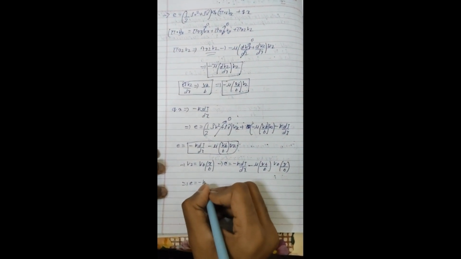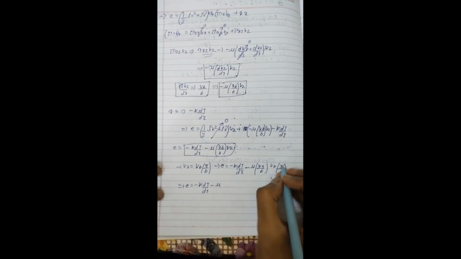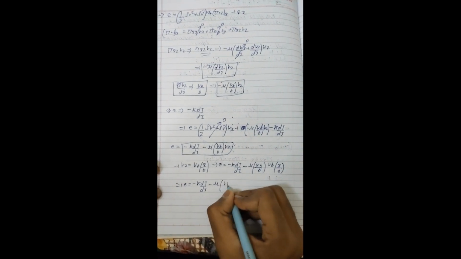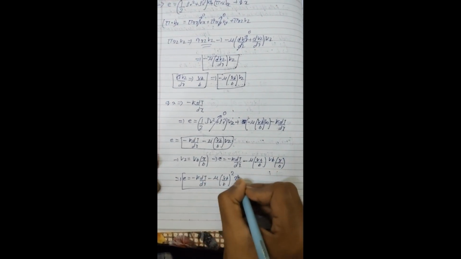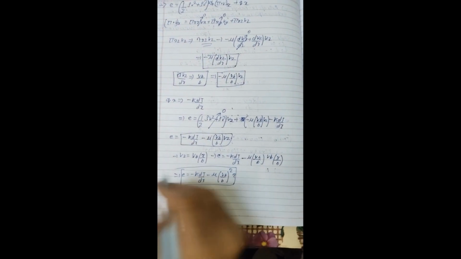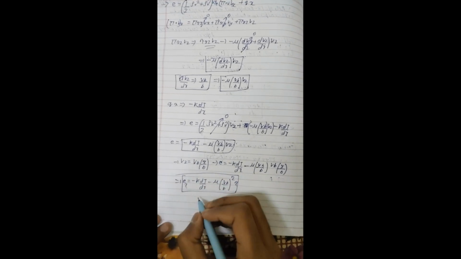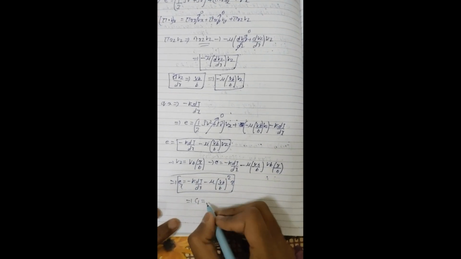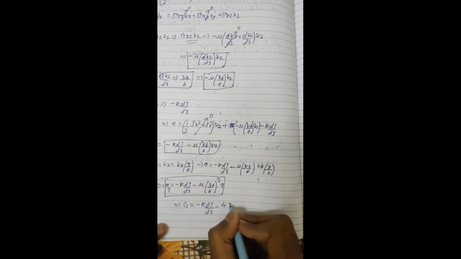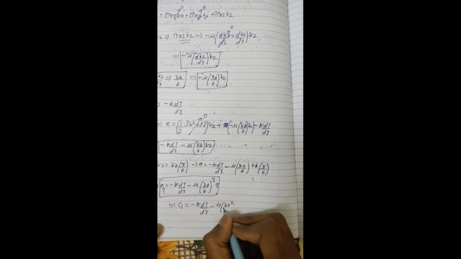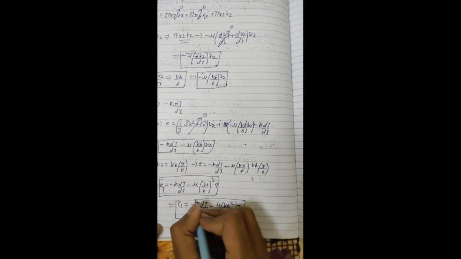So E is minus k dT upon dx minus mu, Vb upon b whole square into x. We got the particular value of energy flux. Now we need to get the value of C1. We know this is Ex, and Ex we already know is C1. So this is minus k dT upon dx minus mu Vb square upon b square into x. We got the value of C1.